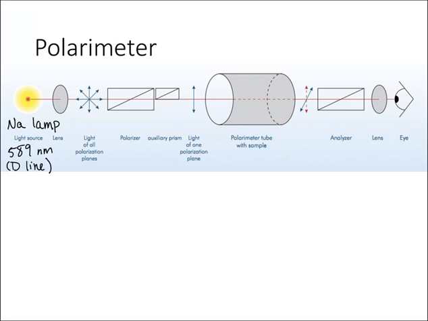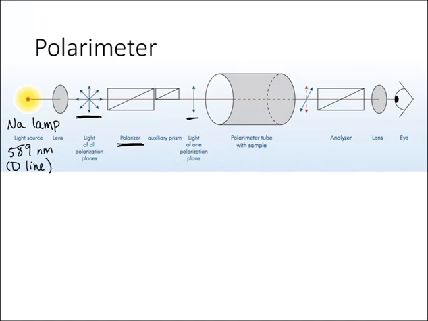That light passes through a lens, and then it passes through a polarizing filter. Initially you have all different directions of light, rotating in all directions. But when you pass it through a polarizer, you end up with just one direction of light.